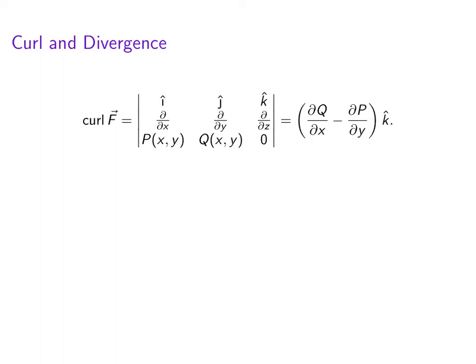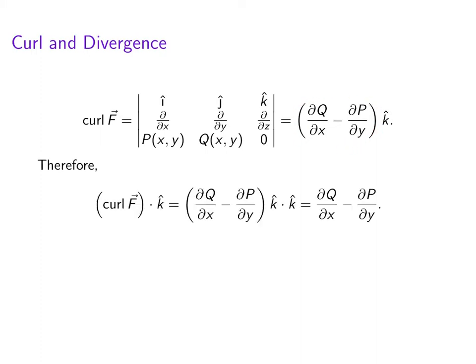Now, this piece in here, since you've refreshed yourself on Green's theorem, should be familiar. So the curl of F dot k will end up being dQ/dx minus dP/dy. So again, this expression is the thing that comes out of Green's theorem.